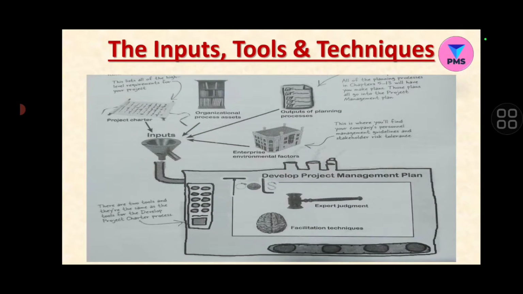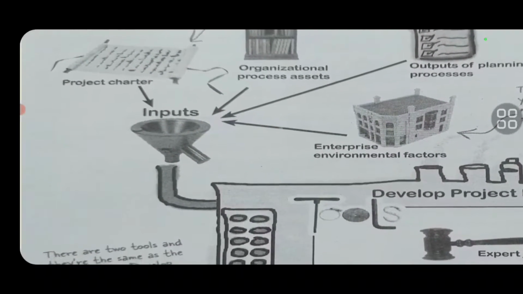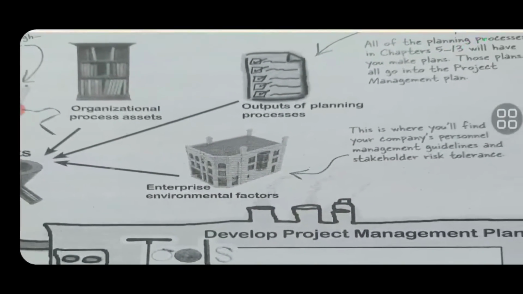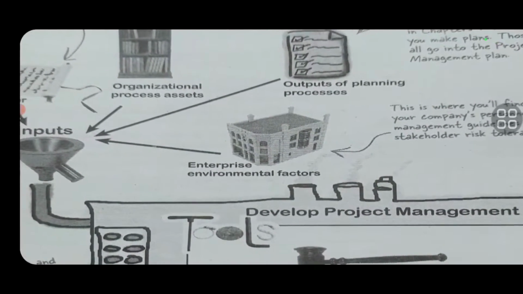So when you prepare a project management plan, you have some inputs to start with, and also the tools and techniques you are going to follow to prepare this plan. Just see here, the inputs are organizational process assets and the project charter, which is the first document you make for the project. Then you have the output of planning processes, that is those subsidiary plans of the 10 knowledge areas, and also the environmental factors I'm talking about.